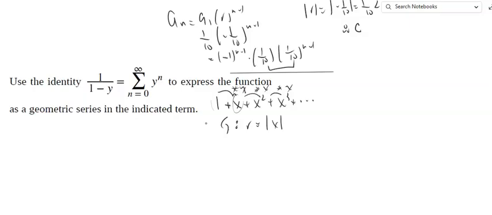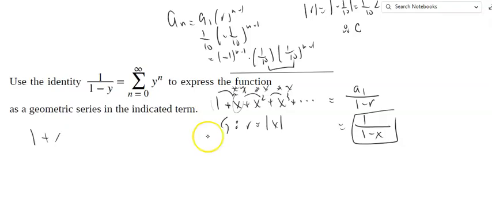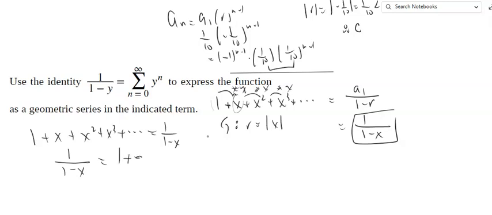R is x. This infinite sum equals the very first term divided by 1 minus r. That is 1 divided by 1 minus x. So I developed 1 plus x plus x squared plus x cubed equals 1 over 1 minus x, or I have developed 1 over 1 minus x. That's how we're going to use it in this chapter.